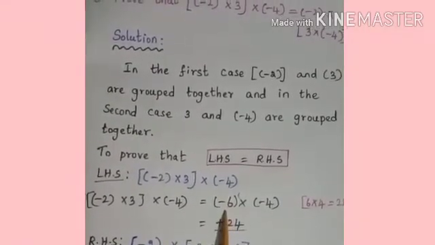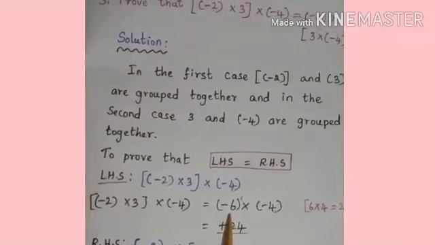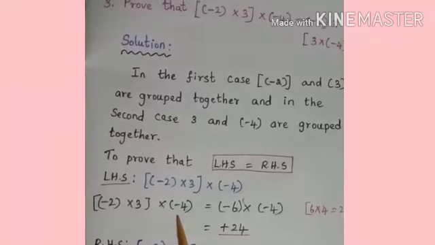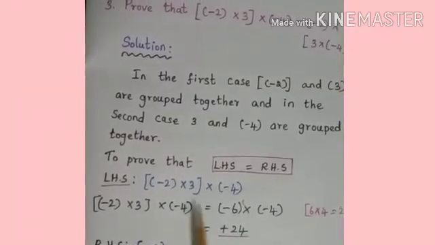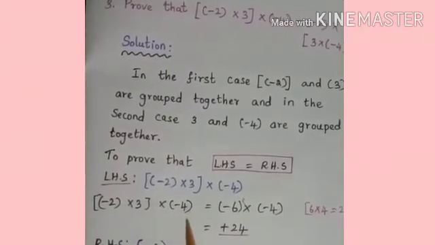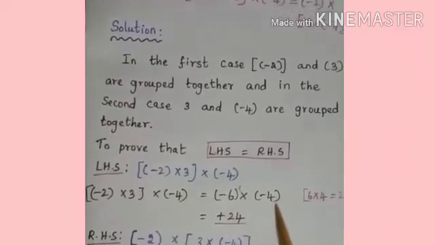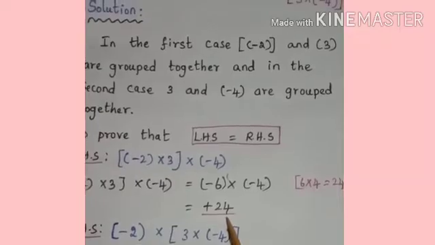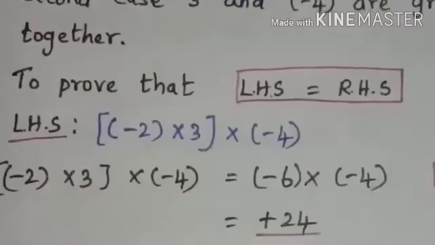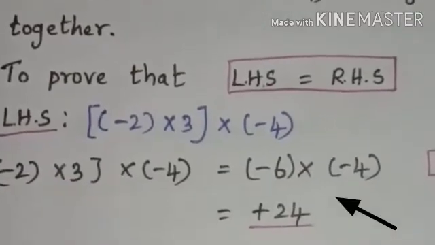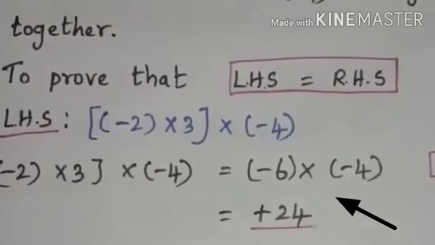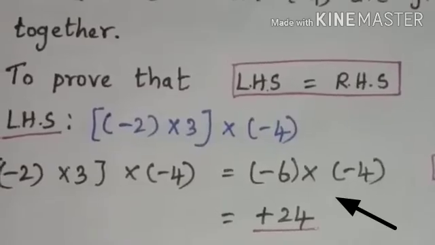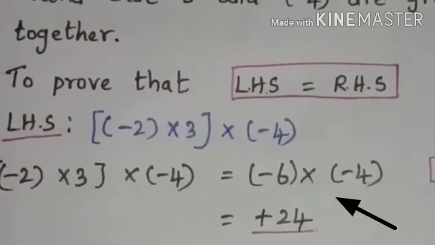Now multiply this value with the third value, minus 4, which is on the left hand side. We get minus 6 into minus 4 is equal to 24. We know that when we multiply two negative integers, it always gives a positive integer, that is plus 24.